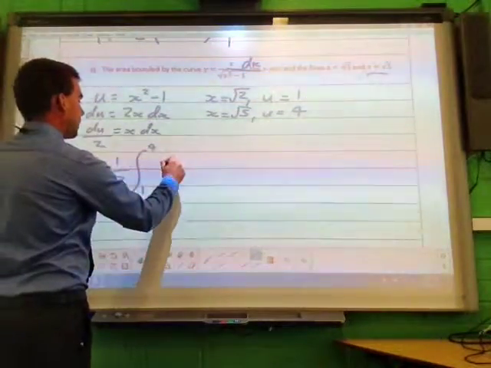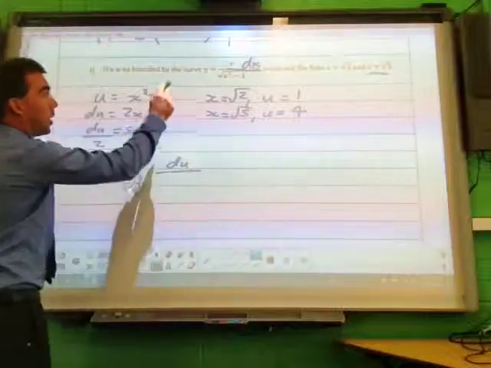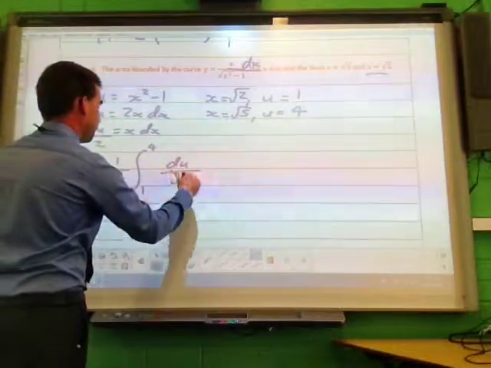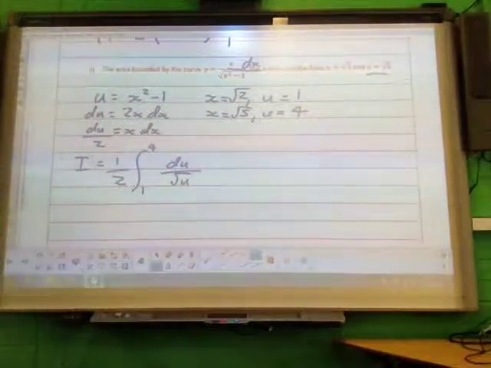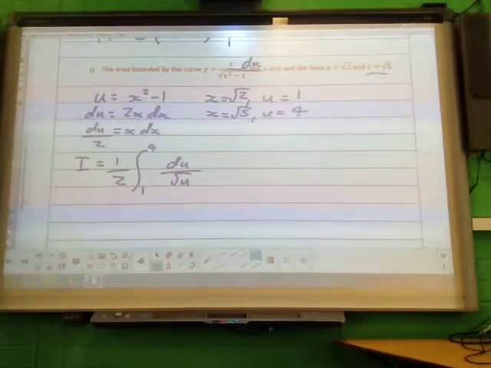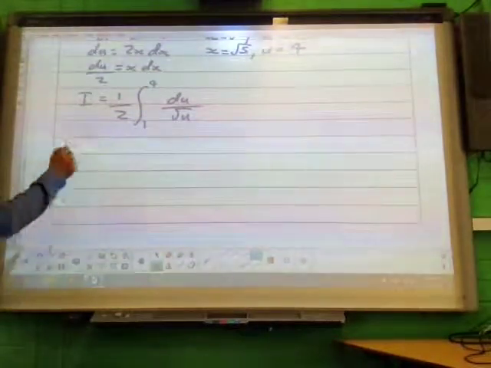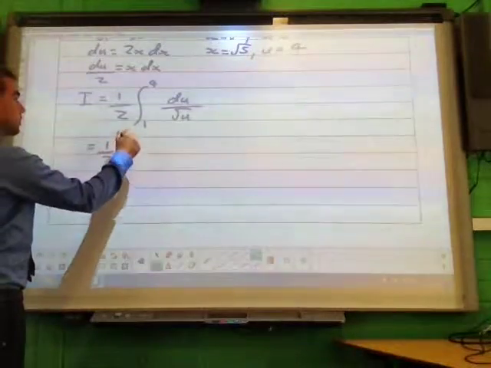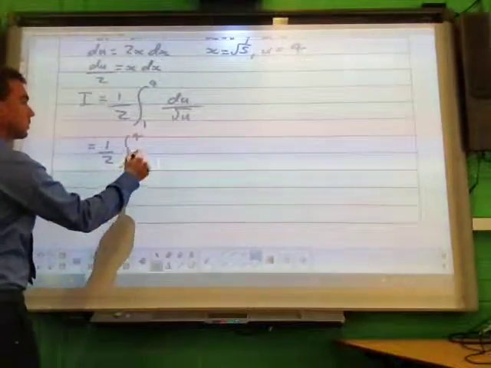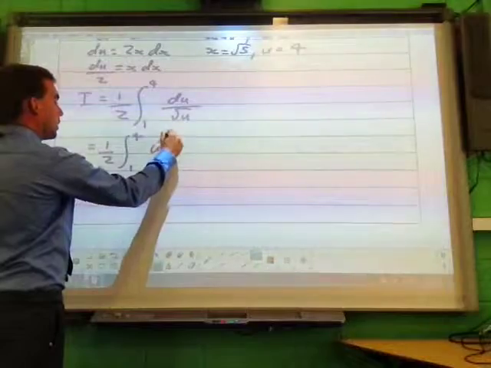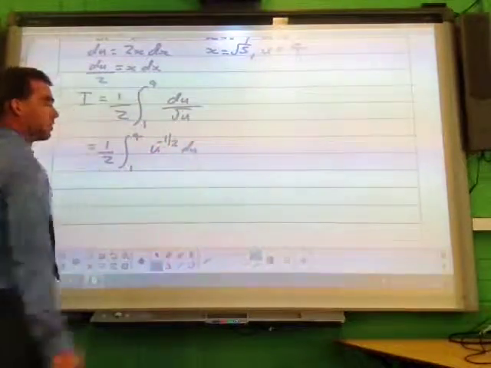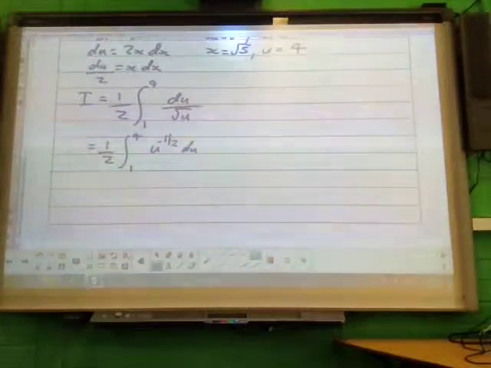of du over the square root of u. Just for convenience, I'm going to write a negative power so I can integrate.